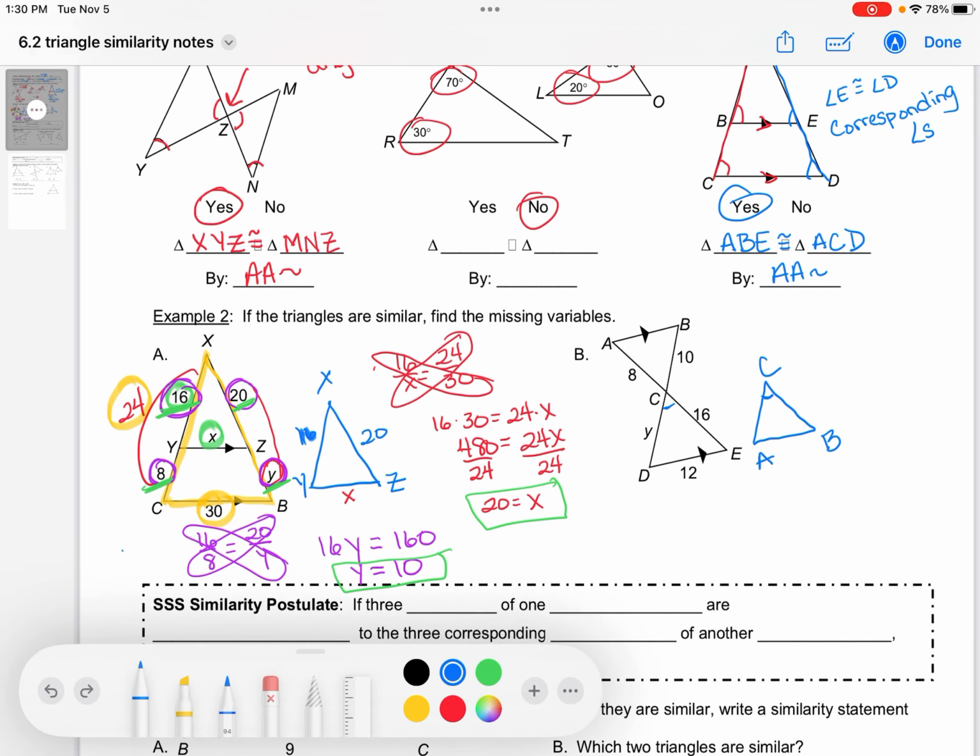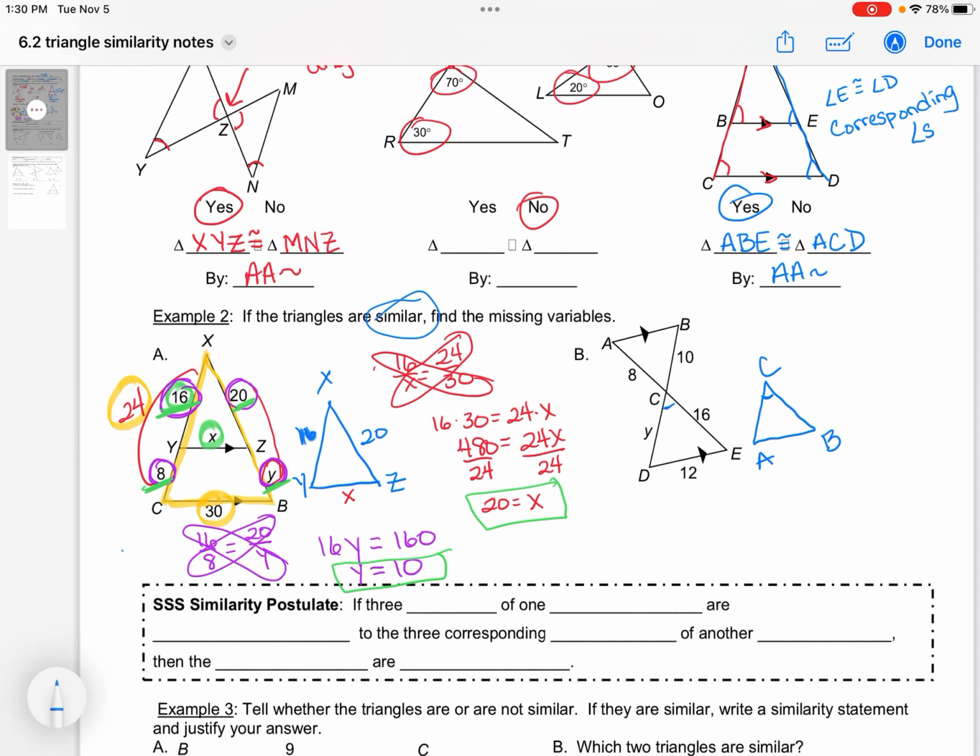Those are the same. And actually, they're all the same because we know they're similar. So there you have it. Okay, so that means A to C is 8, B to C is 10, and we don't know this one, and we don't know the bottom of AB. We don't know AB.